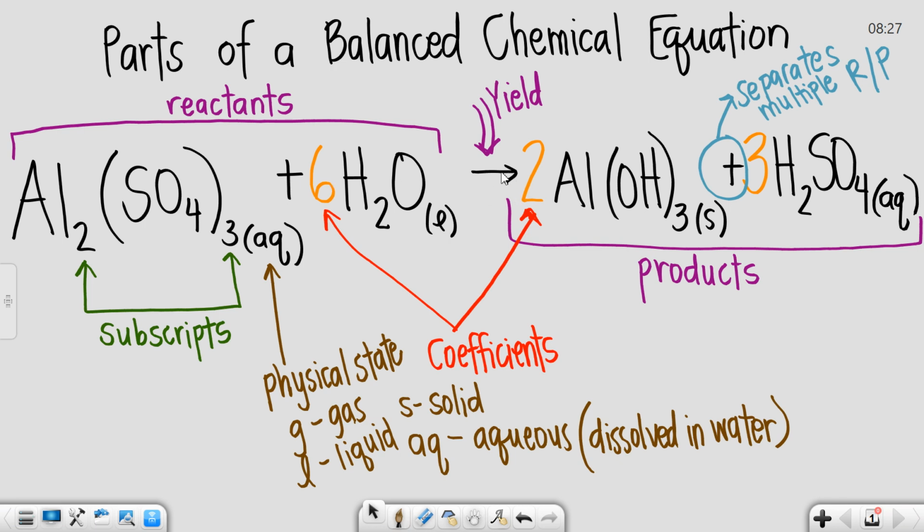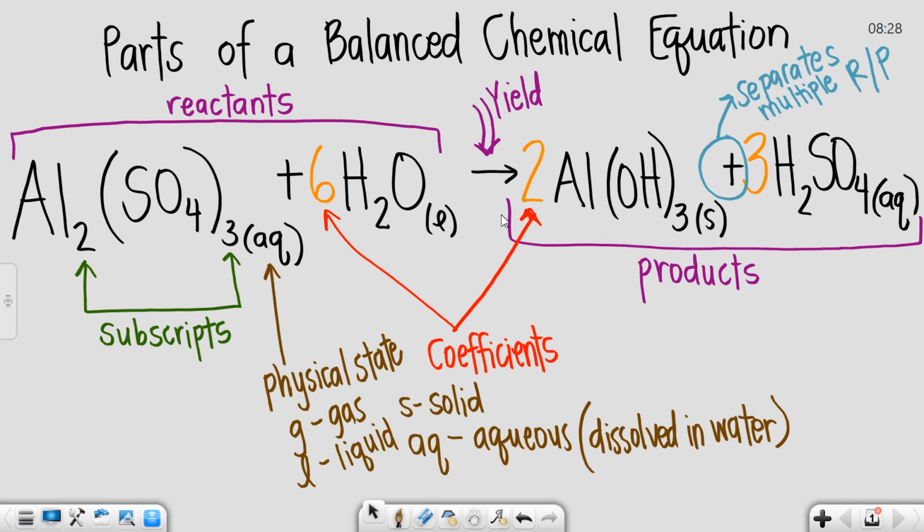And then here we have the arrow, which means yield, Al(OH)3, aluminum hydroxide, plus H2SO4, which is sulfuric acid. So we have aluminum sulfate reacts with water, producing aluminum hydroxide and sulfuric acid. That's our basic equation.